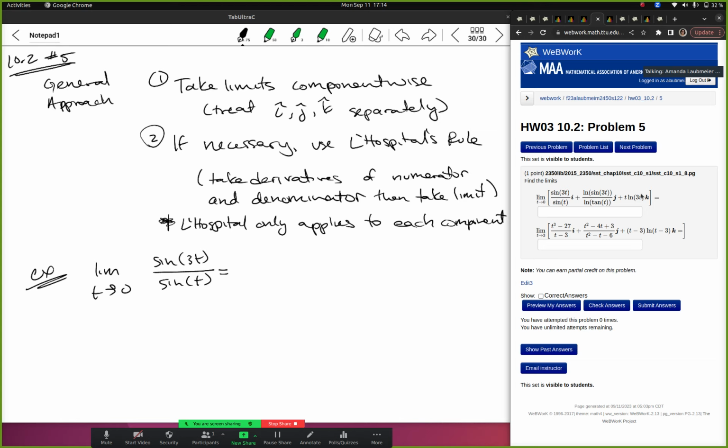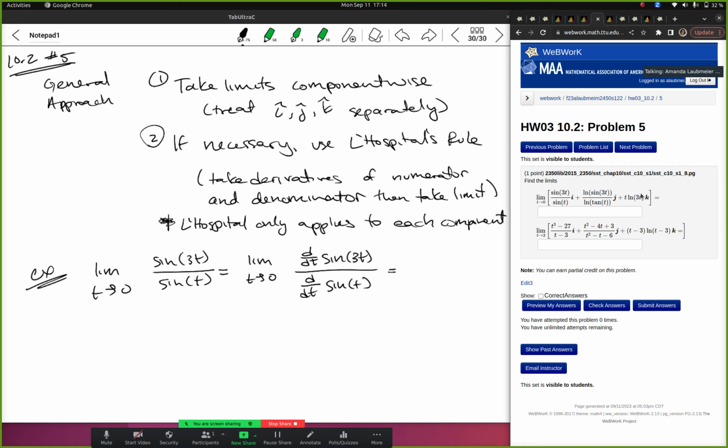But if I tried to figure this out, I would run into the problem that sine of 0 is 0, so I would have 0 over 0, which is undefined. So instead, I'm going to go ahead and apply L'Hopital's rule, and it's going to be the derivative of the top over the derivative of the bottom, taking that limit as t goes to 0.